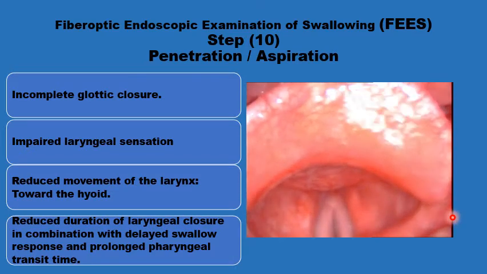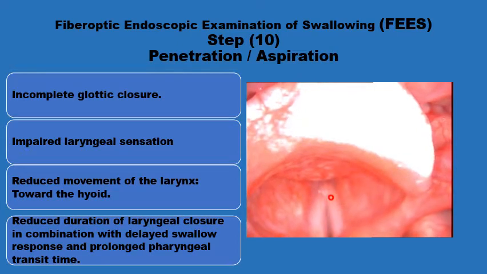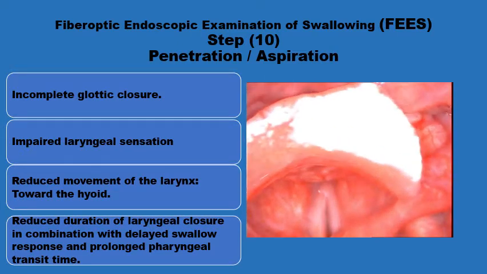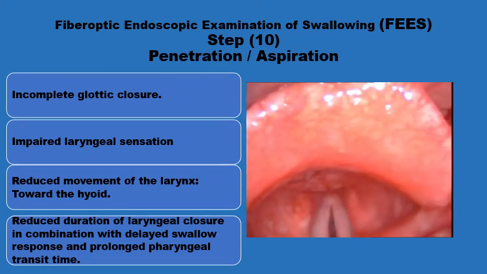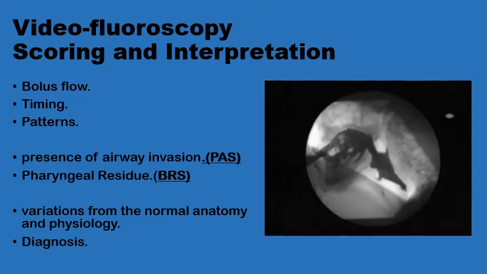If there is enough residue in the hypopharynx when the glottis resumes opening, there is always the chance of a spillover into the airway. Video fluoroscopy remains the best available method of identification and quantification of disorders of swallowing in pharyngeal dysphagia and/or aspiration.